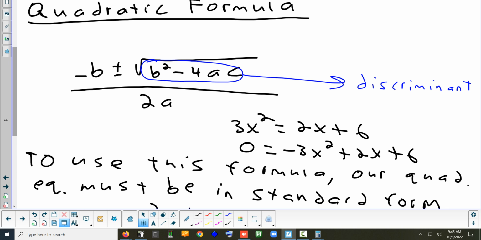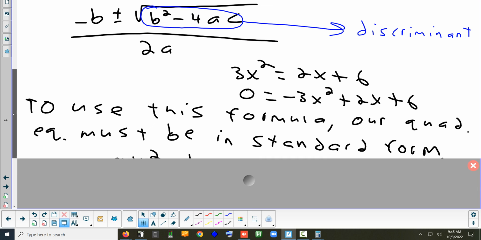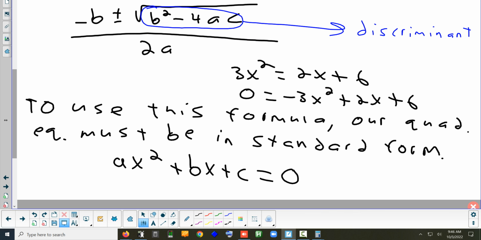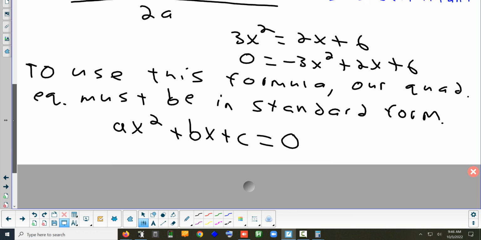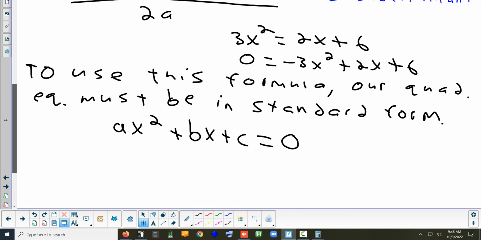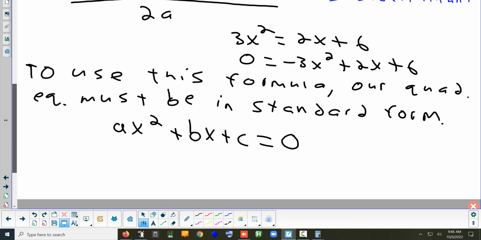Don't say a is +3. That doesn't work. So to use that formula, you want to write it like this. Doesn't matter if you put 0 on the left or 0 on the right. You can do it either way. Okay, but we'll finish up with solving a quadratic.